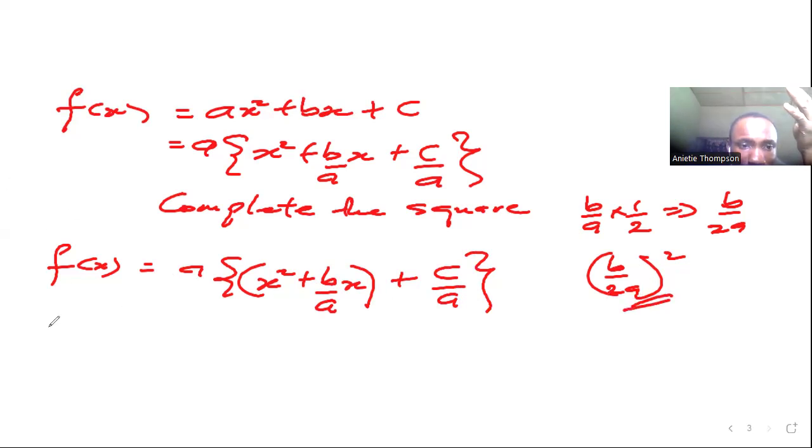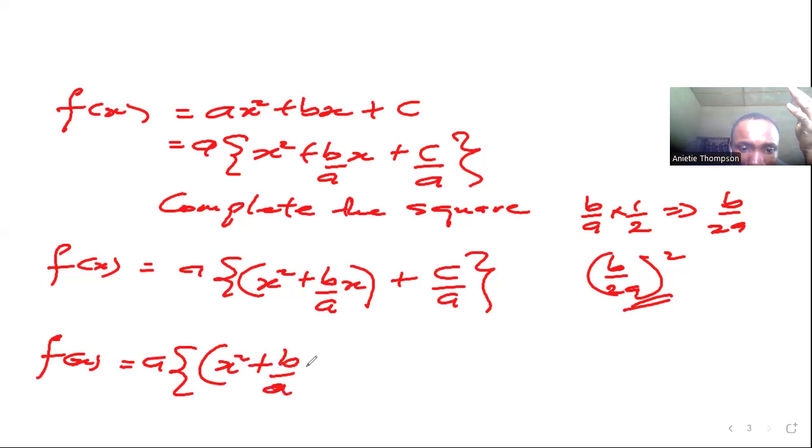So I will have f of x equals a braces open. I will have x squared plus b over a x. Now plus, I'm going to introduce a new term there: plus b over 2a, and then square. Then I close the bracket, that's for the internal one.